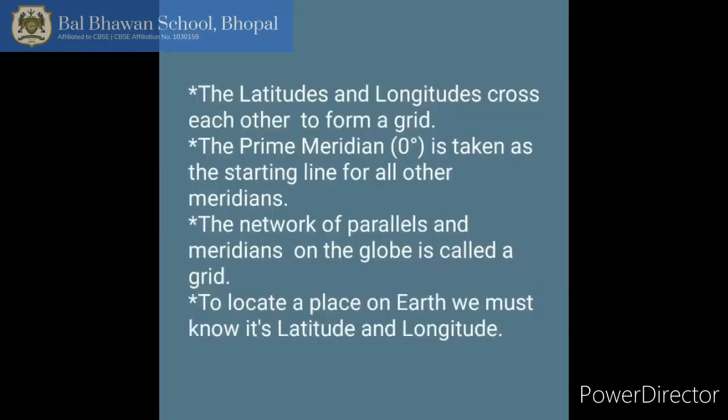The latitudes and longitudes cross each other to form a grid. The prime meridian 0 degree is taken as the starting line for all other meridians. The network of parallels and meridians on the globe is called a grid. To locate a place on Earth, we must know its latitude and longitude. I hope it is clear.